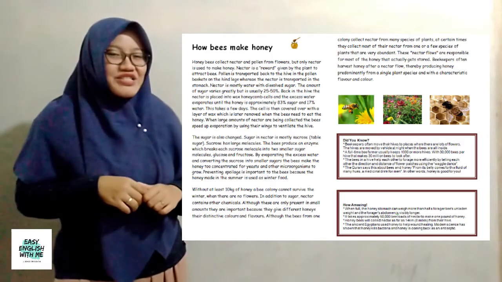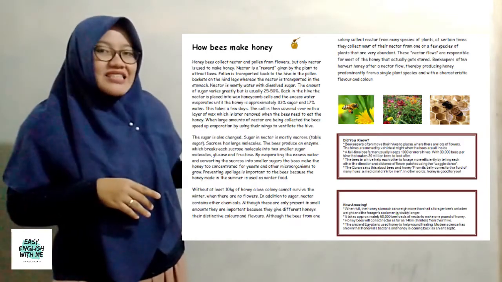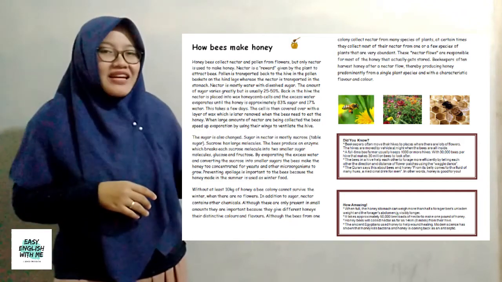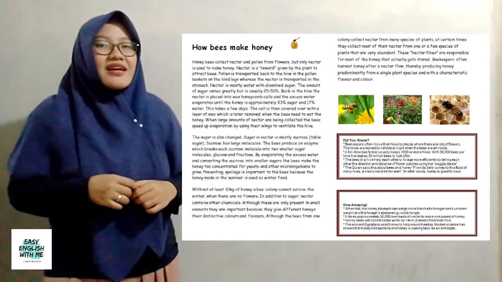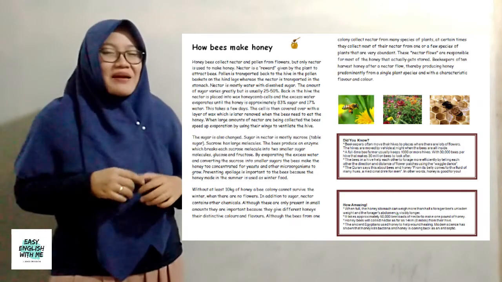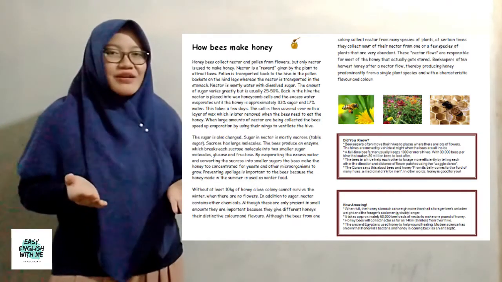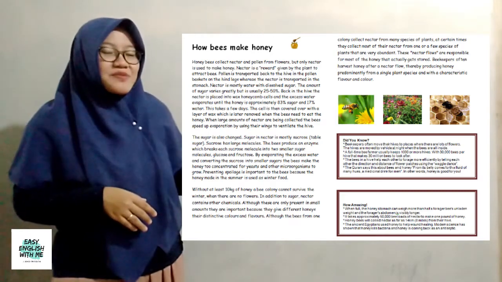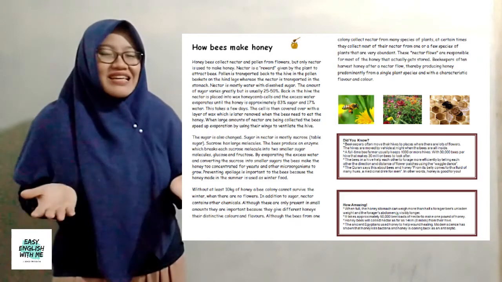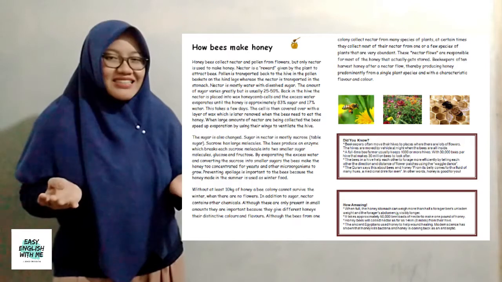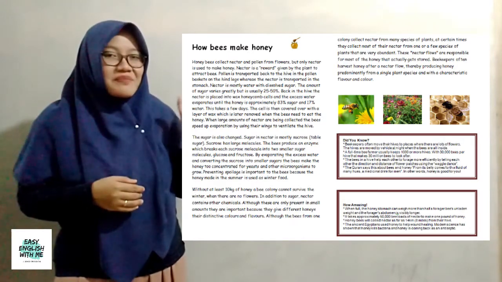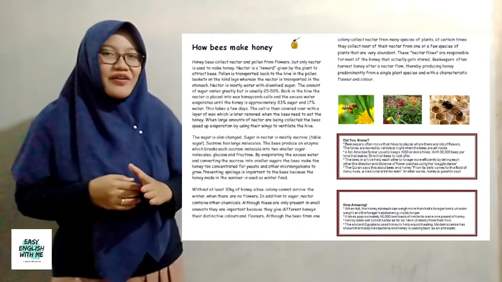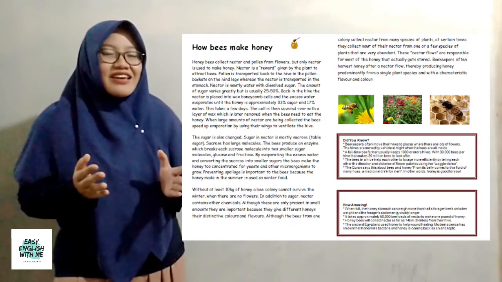Yes, that's true. This is the example of explanation text. The title is How Bees Make Honey. So, this is the explanation about how bees make honey. So, the process of bees making honey, or the process of honey formed.